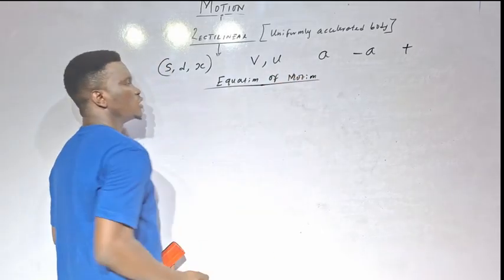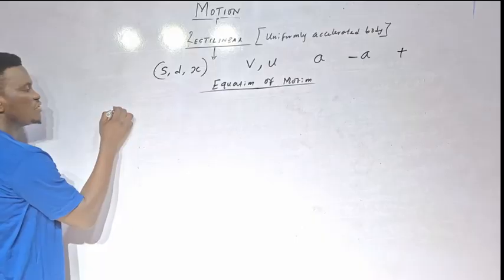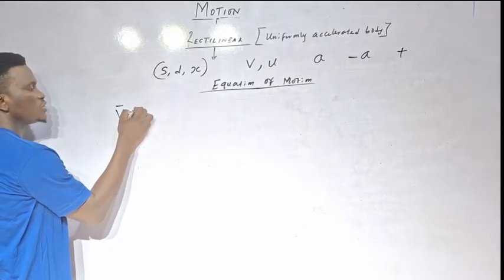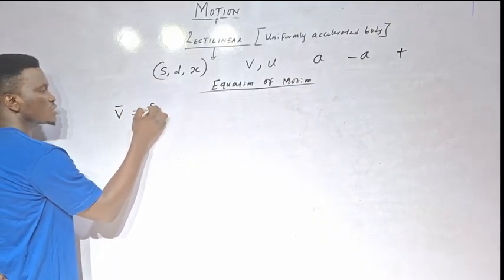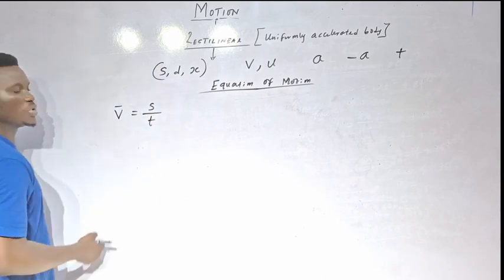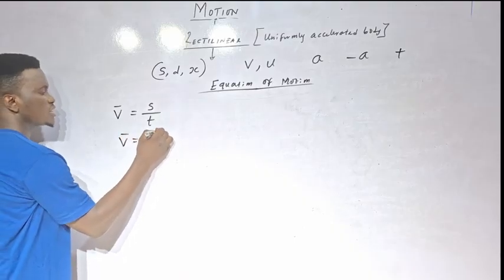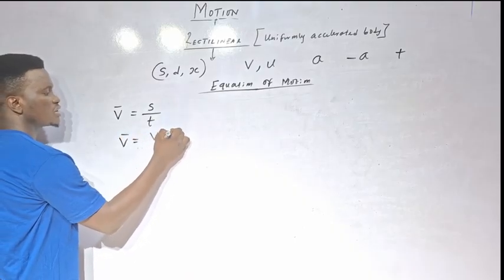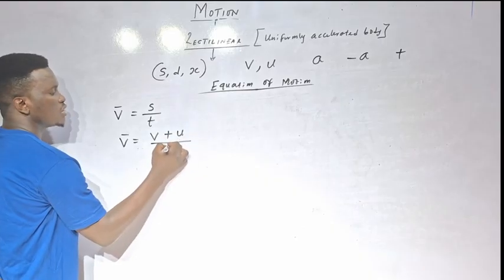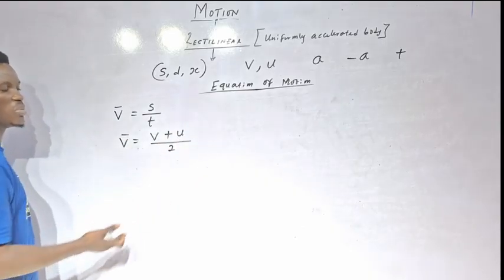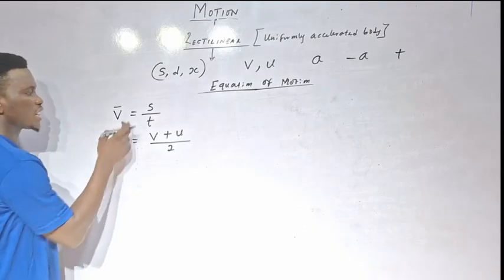So the first one to work with is average velocity is equal to total distance over total time taken. We talked about that. We also said that average velocity can be calculated as the final velocity plus initial velocity over 2. You should remember these two. So now I can equate these two.